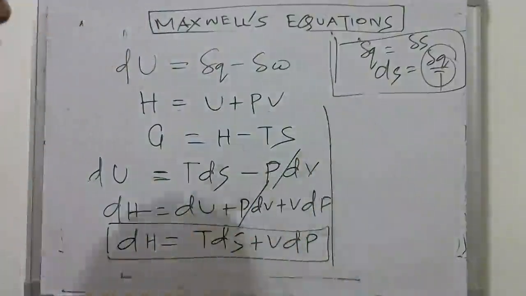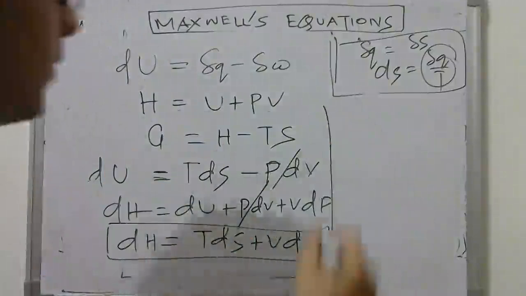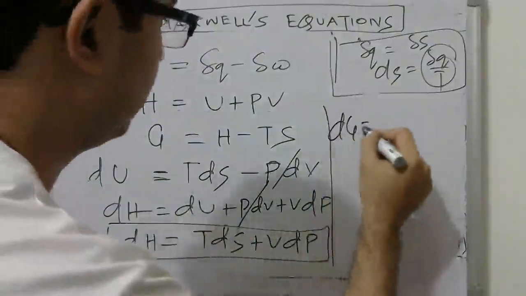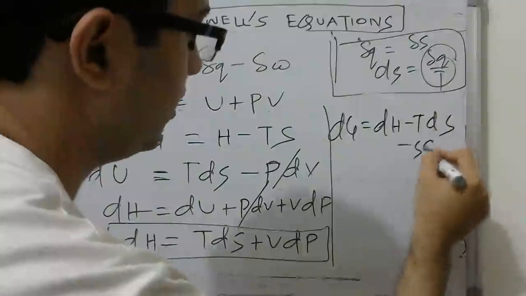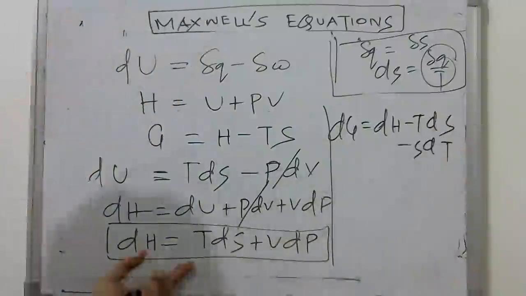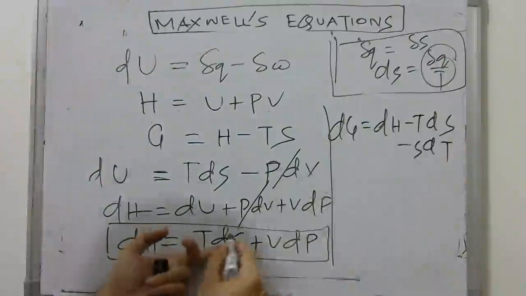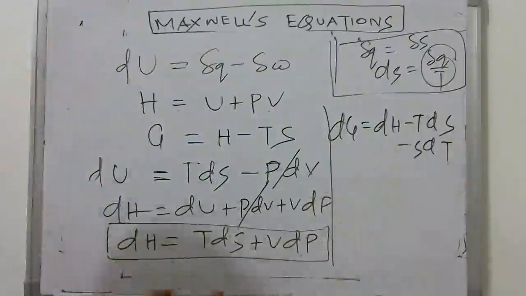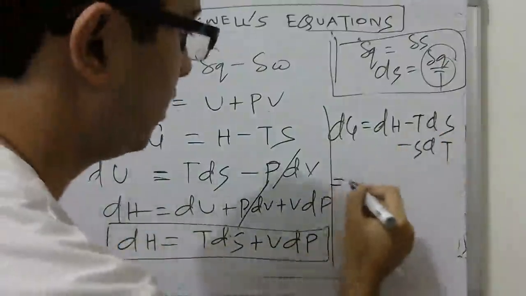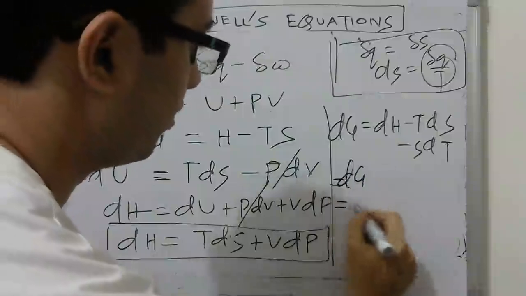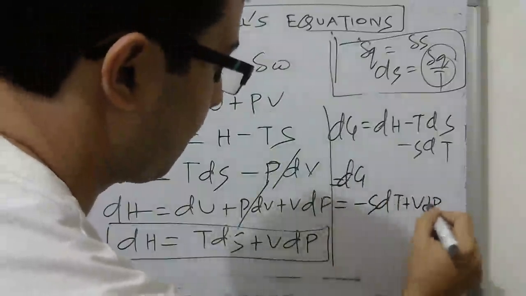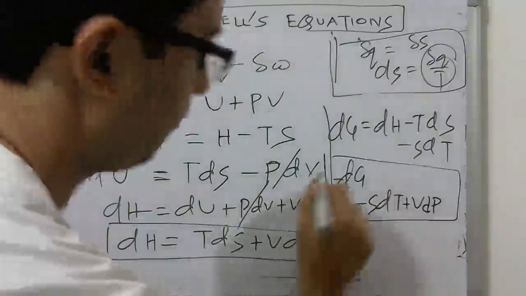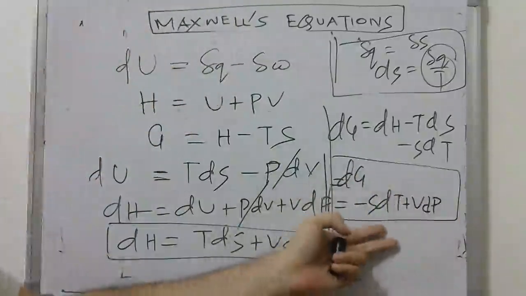Let's do it for the free energy. So your dG becomes dH minus TdS minus SdT. If you substitute this dH, your TdS will cancel out, right? So you will be left with dG equal to minus SdT plus VdP. The third Maxwell's equation, right?